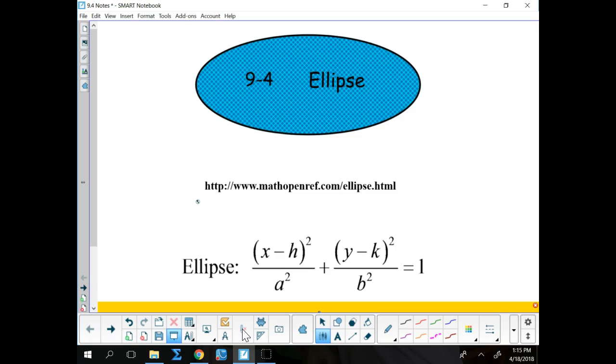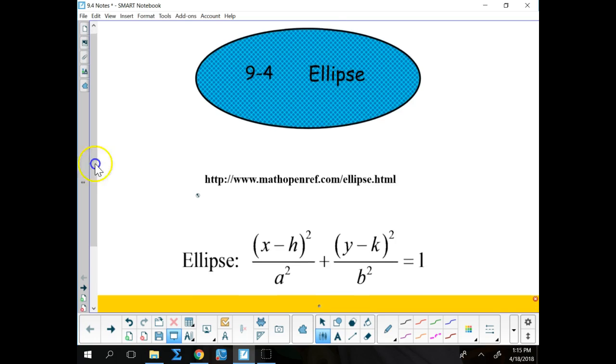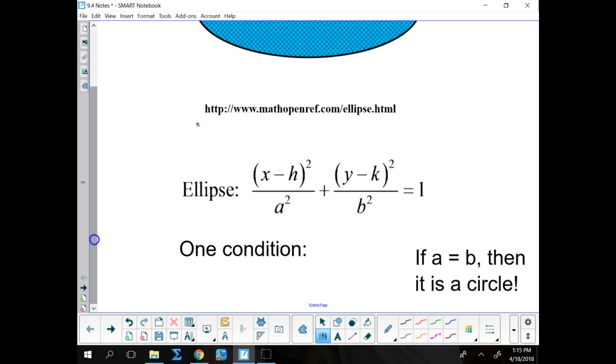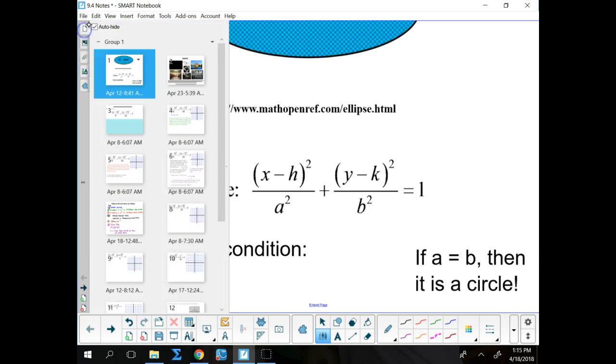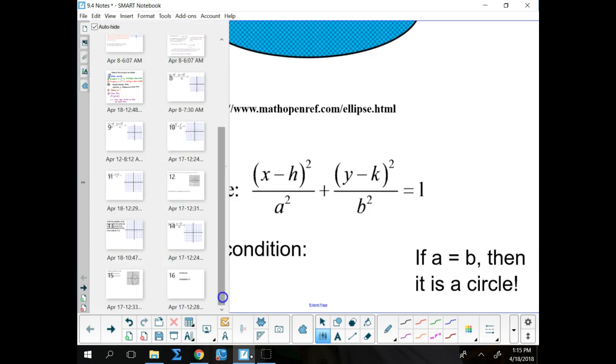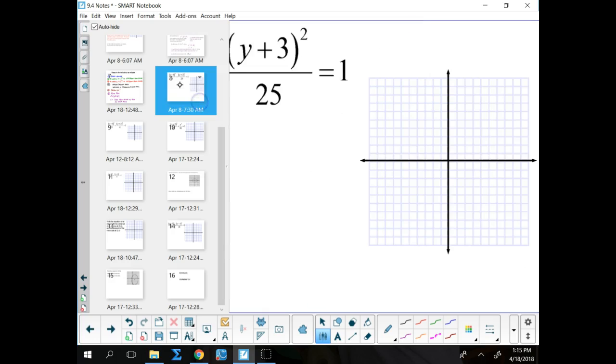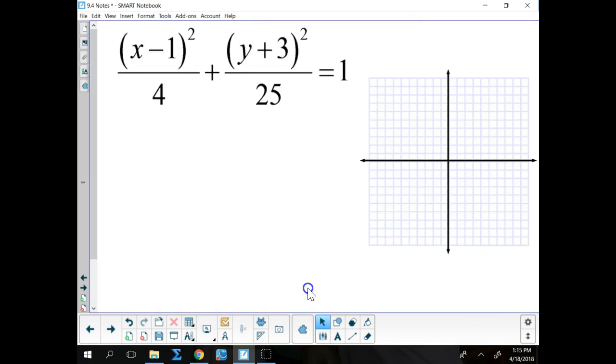So H and K is my center. I kind of like what Max said, the center here is 1 comma negative 3. Agree? Yeah.